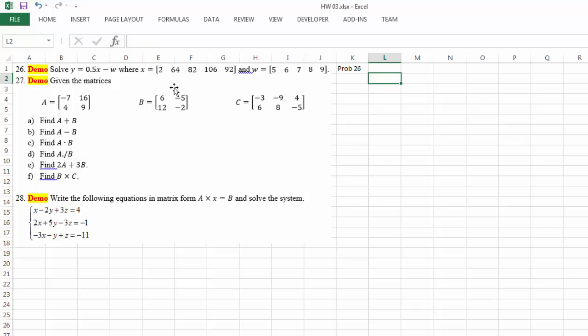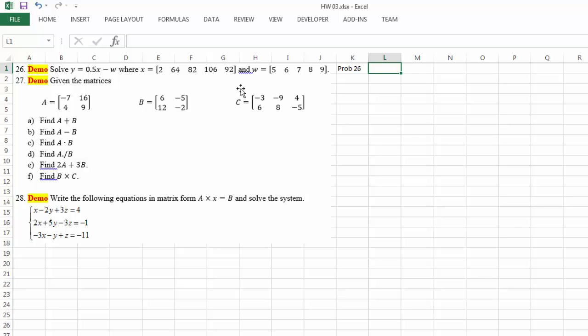We have 2 row matrices X and W. Both of them are 1 by 5. They have 1 row, 5 columns, and we need to perform a simple calculation to determine matrix Y that equals 0.5, a scalar, multiplied by matrix X, and then subtract matrix W from it. So writing matrices in Excel is very intuitive.